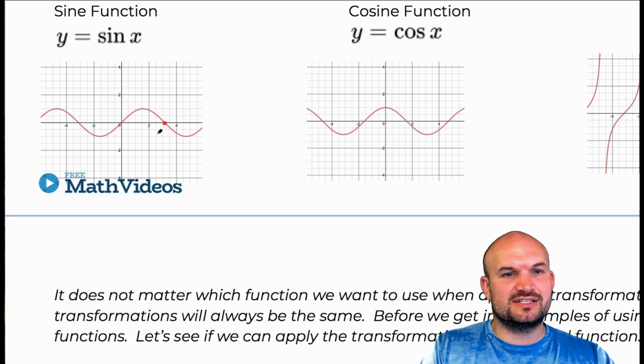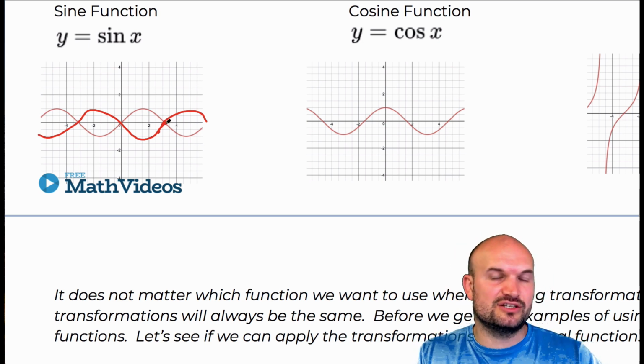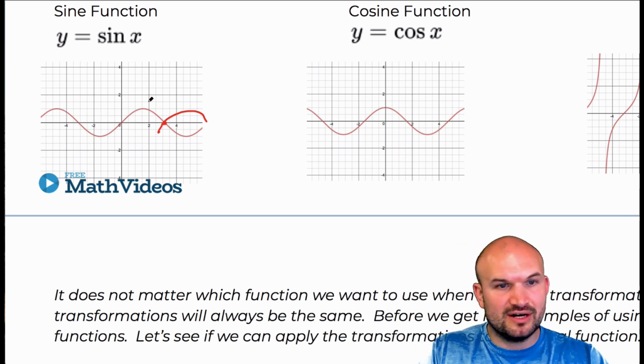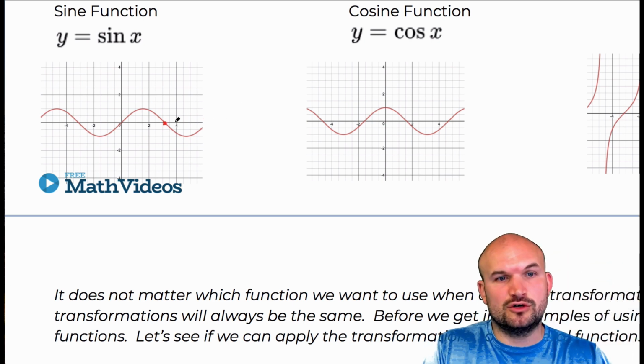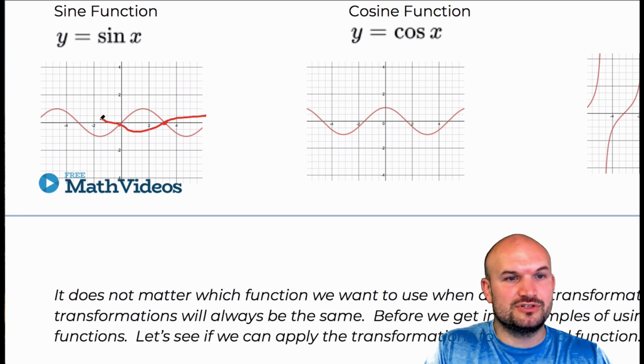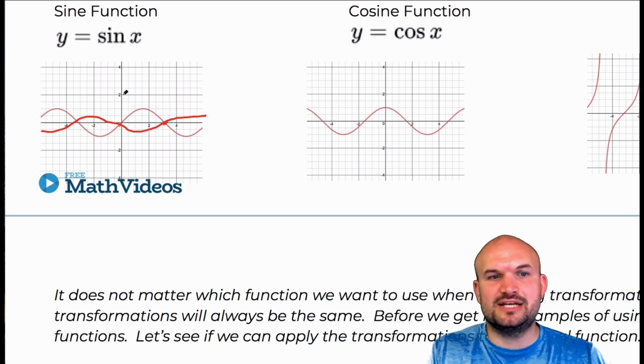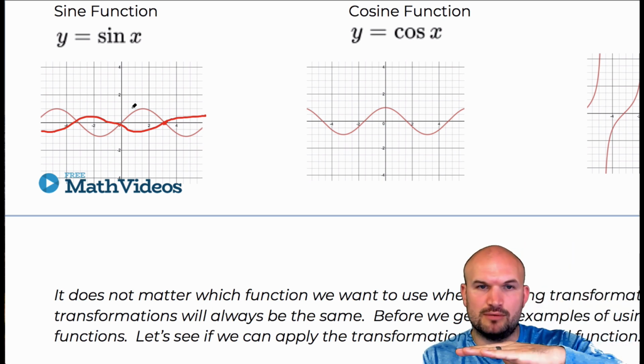So if I just recreated this graph here at pi, you would see that that is representative of our shift. However, I should mention it was a vertical compression, sorry, not horizontal. So the graph only went up as high as the parent function. And that's a really bad representation, but hopefully you see that the graph got compressed.